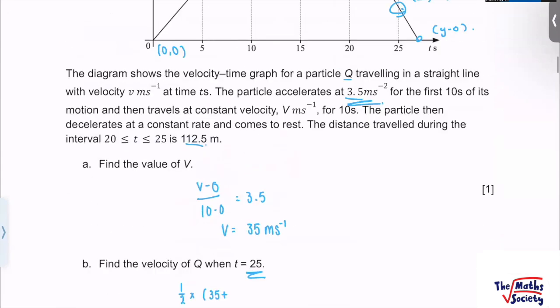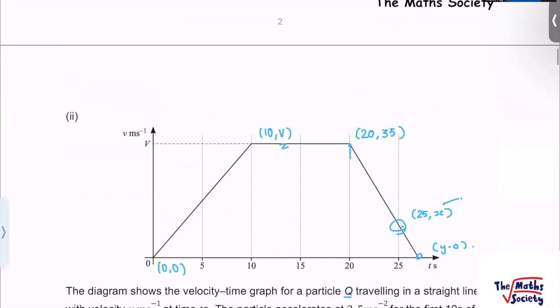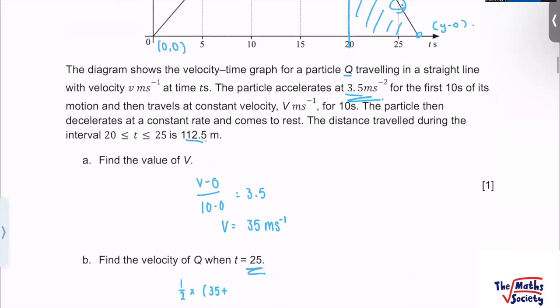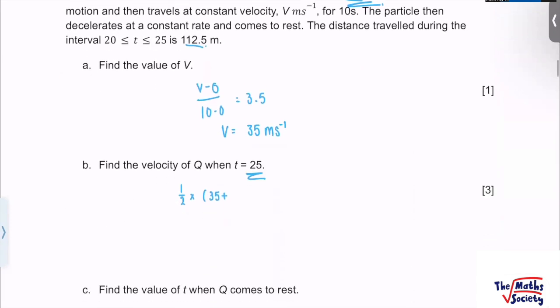So if you remember, this is going to be at 20 to 25. They already give you the area, which is 112.5. So we know that the area under the line is the distance, right?